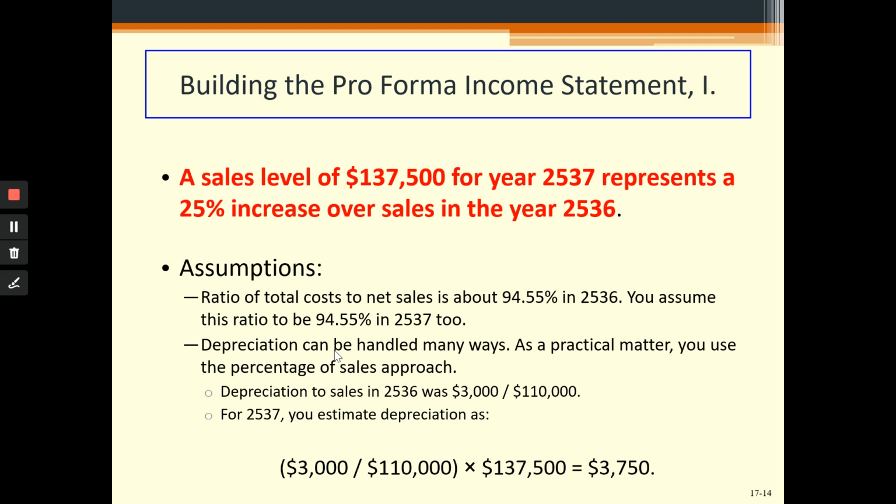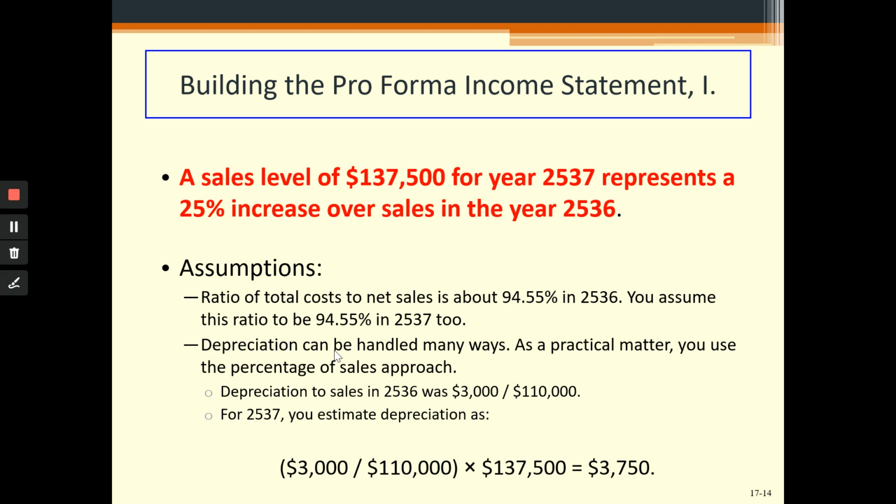For the previous year, which was 2536, depreciation was 3,000, and 3,000 divided by 110,000, which was the sales, is almost 2.73%. So this percentage will remain the same for depreciation for the 2537 year, that means next year.